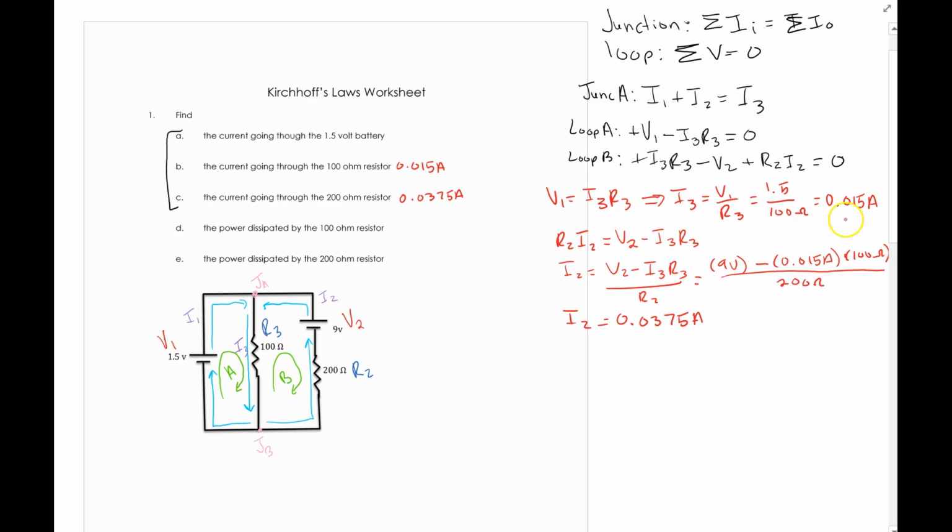We have I2, we have I3, and we are looking for I1. That goes ahead and gives us our last equation, and we can see the fact that my I1 is going to equal my I3 minus I2. However, you're going to notice when you plug your numbers in that something a little different happens. And you'll see that your current ends up being negative.